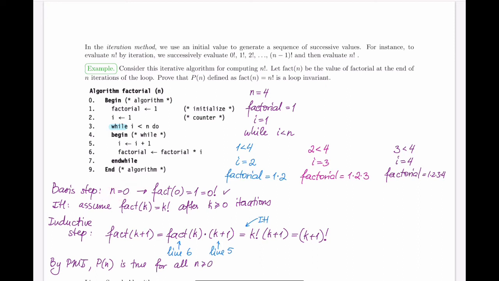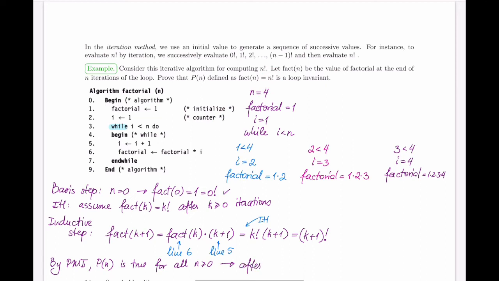Now that means that during the loop and on exit, what I have is the computation of n factorial. So after n iterations of the loop, I will in fact have n factorial as the final output.